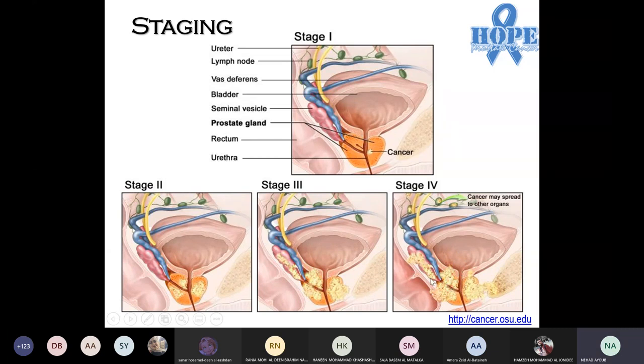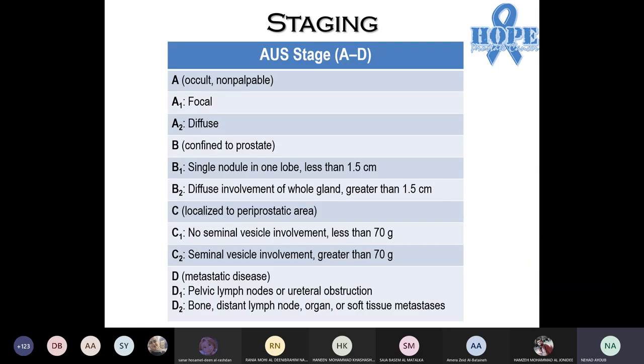If we have metastatic disease, stage D, prostatectomy is not an option. There is no need to remove the prostate because the tumor spread outside the gland. Okay? لكن لغاية stage 2 مثلا stage 3 we can still, أو stage B and C, we can still, prostatectomy is still an option. Okay? But not in stage D. Okay?